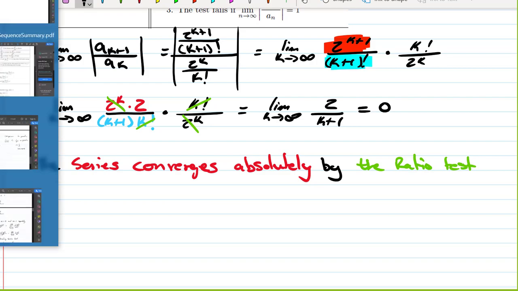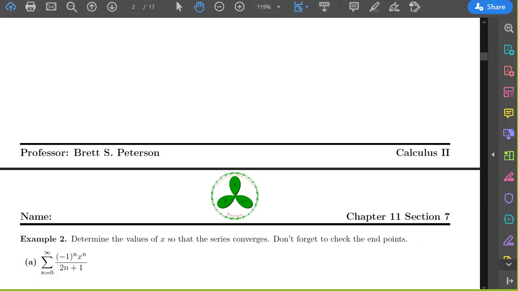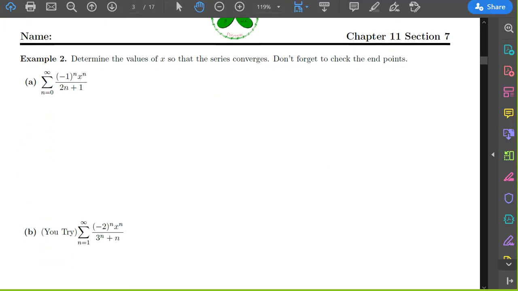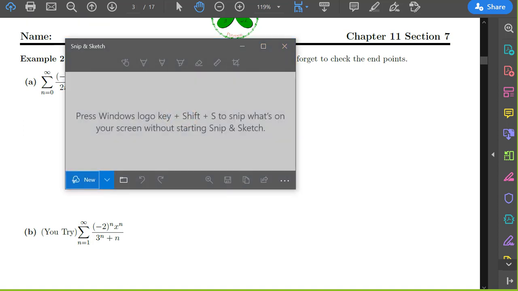All right. So example 2 says determine the values of x so that the series converges. Don't forget to check the endpoints.